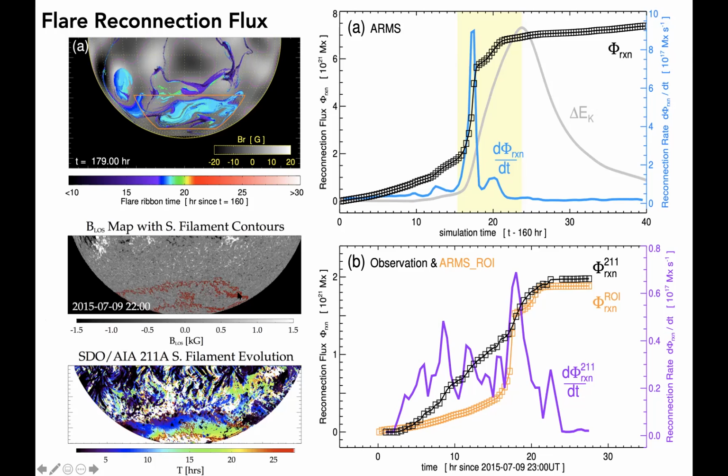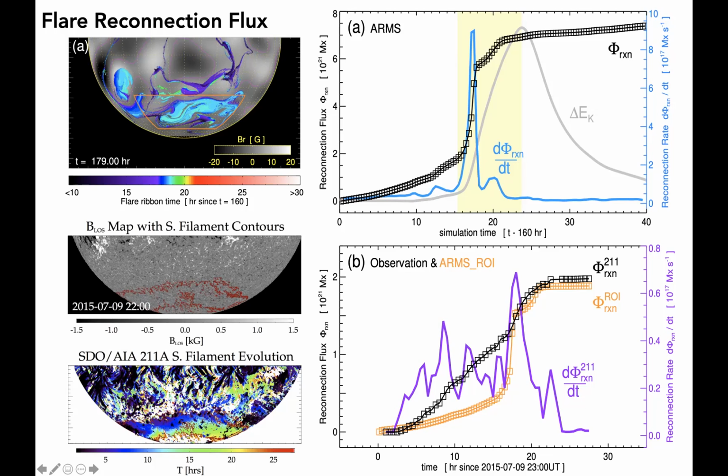But if you've got this faint, diffuse stuff happening in time, the best we could do with this particular event was basically outline the southern portion of the polarity inversion line, because there was all this emission happening up here that blocked the ease of putting these contours. So up here is the overall pixel mask that develops in time along this channel, the southern hemisphere portion of this channel.